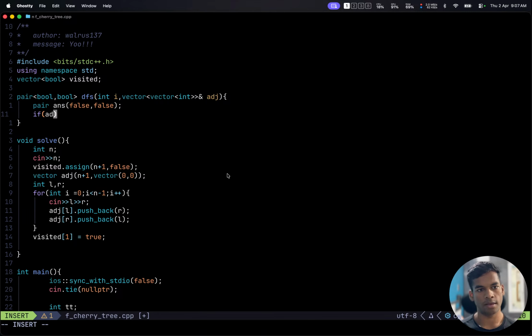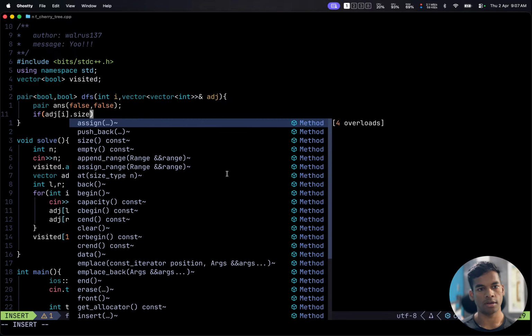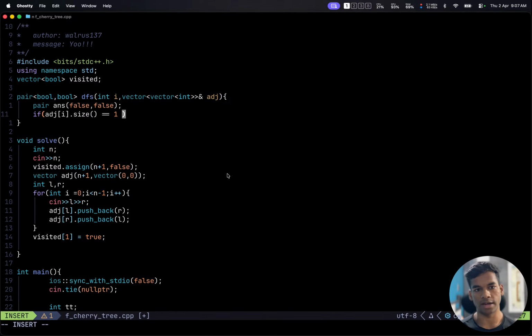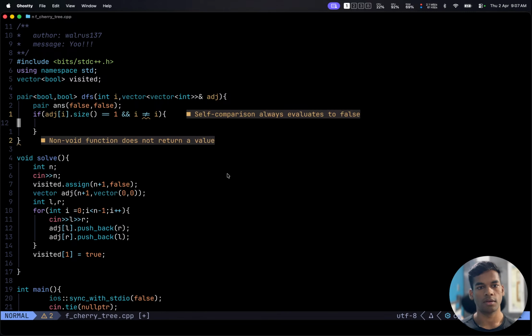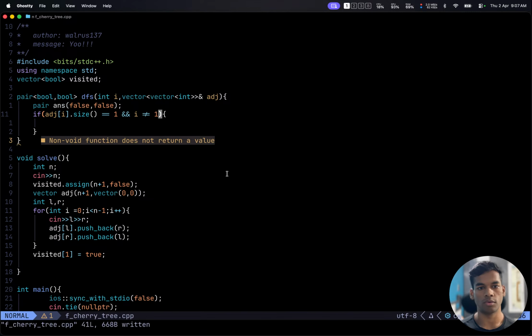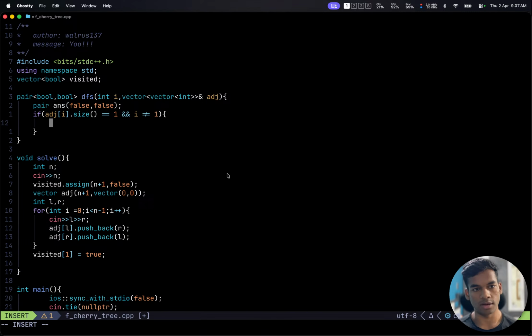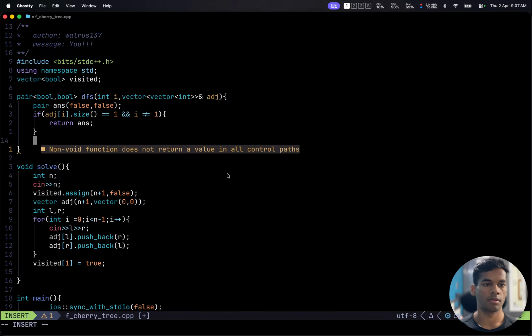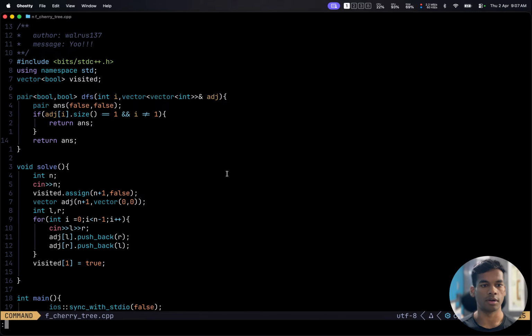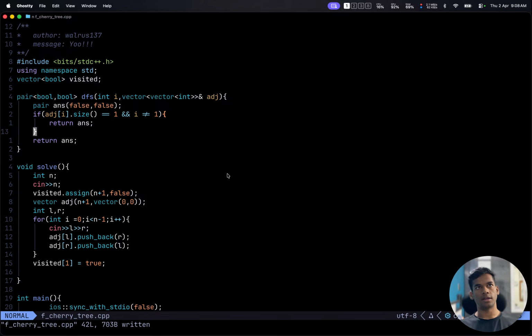If adj i dot size equals 1, that is this thing is a leaf node, and i is not equal to 1, this means this is a leaf node, then just return the answer. Return answer at the end also, return the answer.